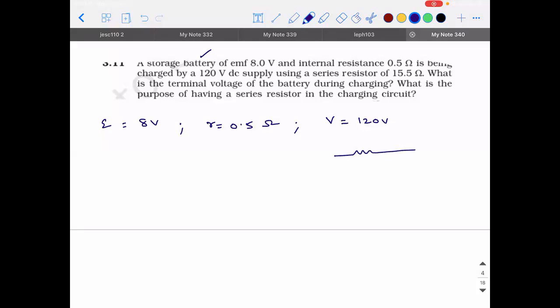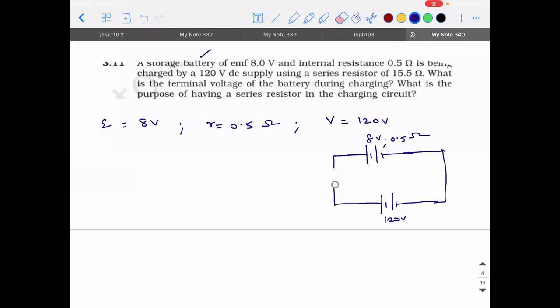So this battery of 8 volt EMF and 0.5 ohm internal resistance is being charged by a 120 volt DC supply using a series resistor of 15.5 ohm.